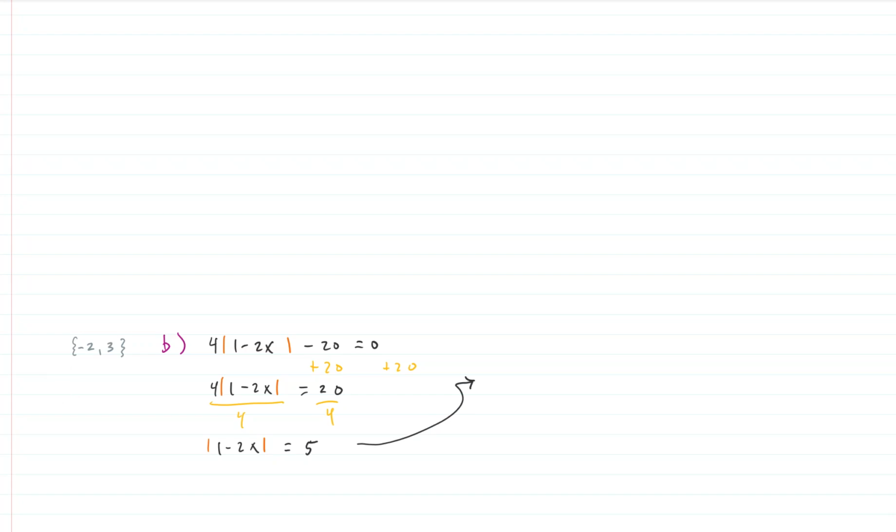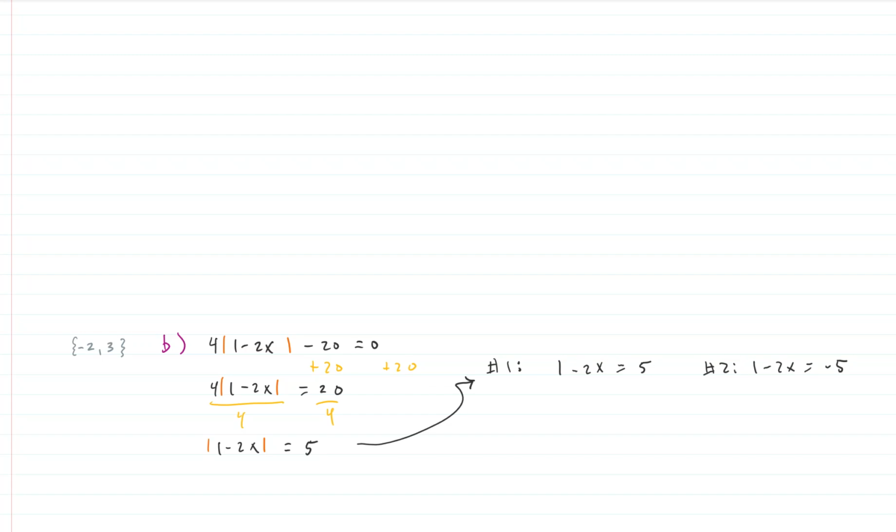Option 1 gives us 1 minus 2x equals positive 5. And our option number 2 gives us 1 minus 2x equals negative 5. And we solve these two options, and we will have our answer.